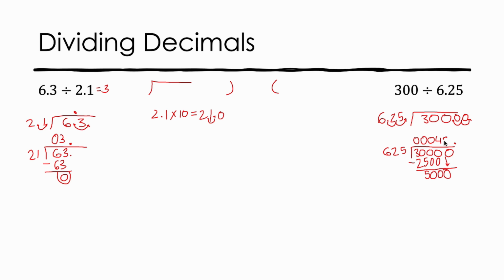So 625 times 8 is 5000, and 5000 minus 5000 is equal to 0. So we are left with the answer 48. So 6.25 goes into 300 48 times. Yay, we did it!